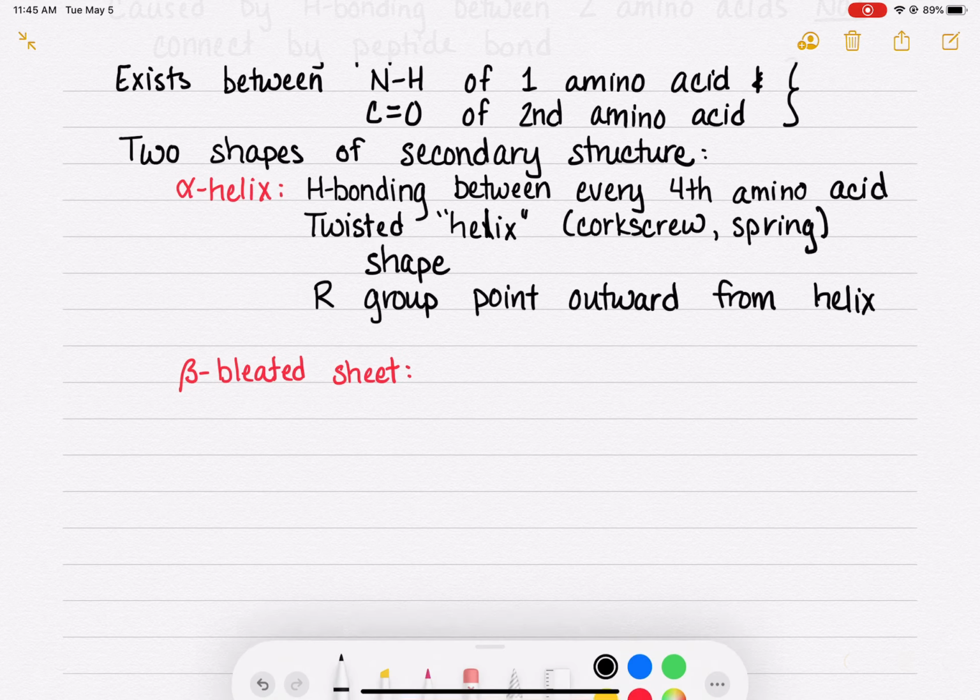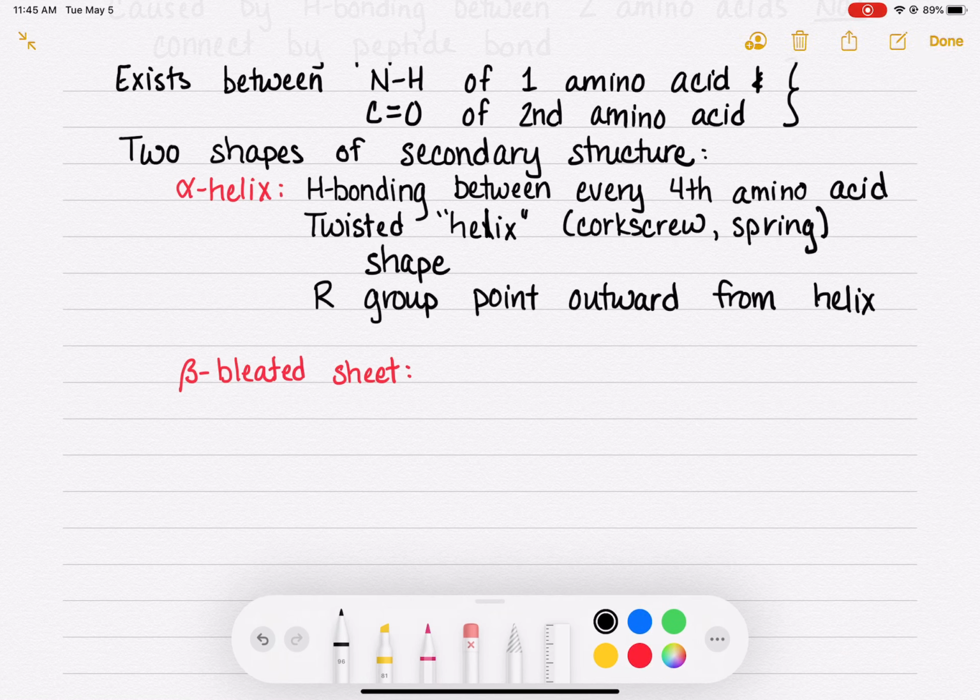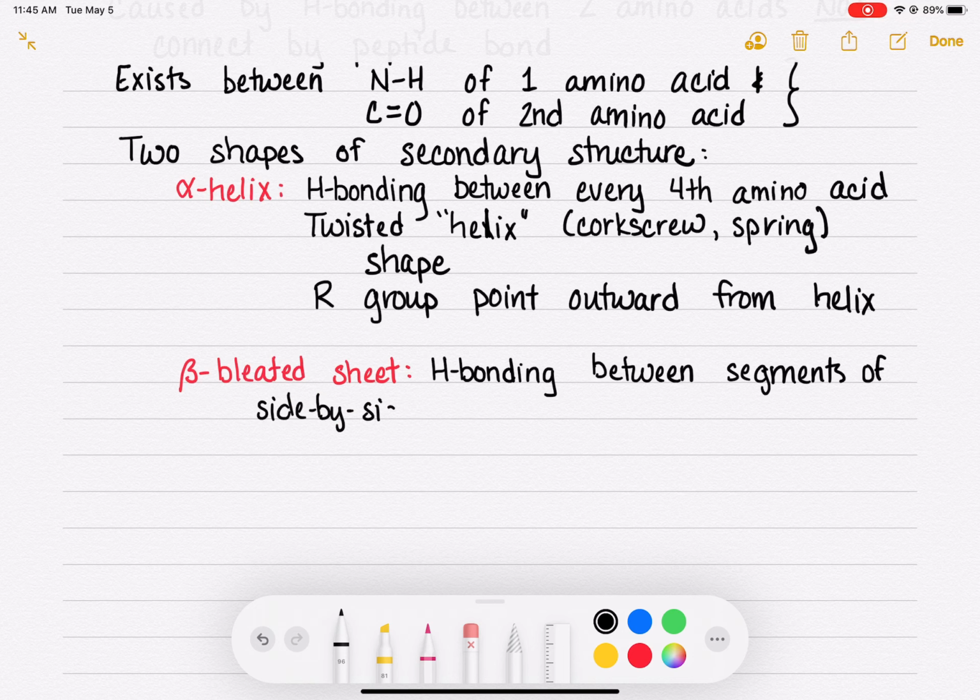The beta pleated sheet, we have hydrogen bonding, but in no specific pattern. So it is hydrogen bonding between just segments of side by side amino acids.